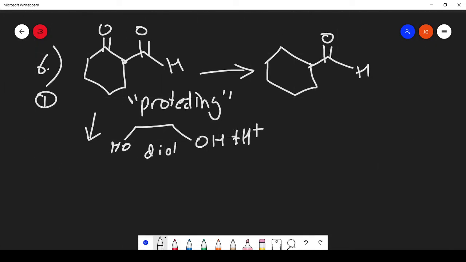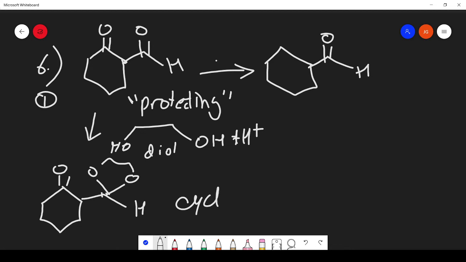And actually, I'm not going to draw the arrow pushing for this, but what's going to happen is one of these will turn into not a carbonyl. It'll become a cyclic acetal. That's what it's called. And it'll convert this one, the aldehyde, into what's called a cyclic acetal.